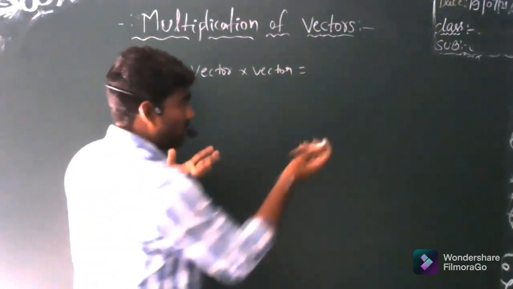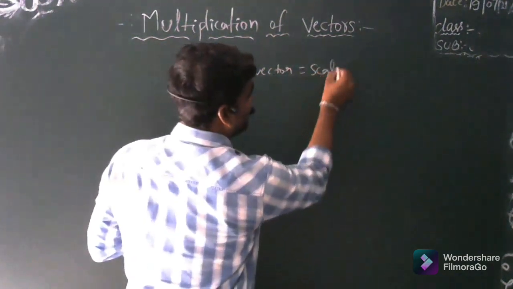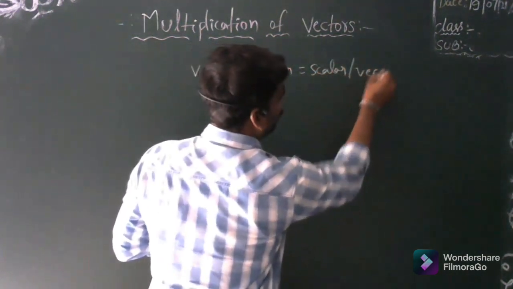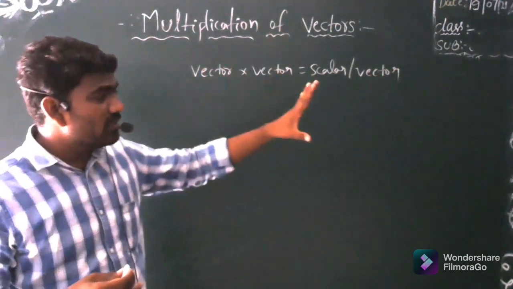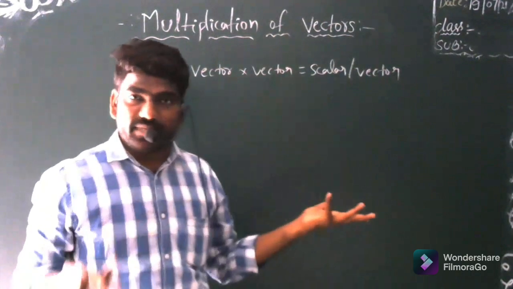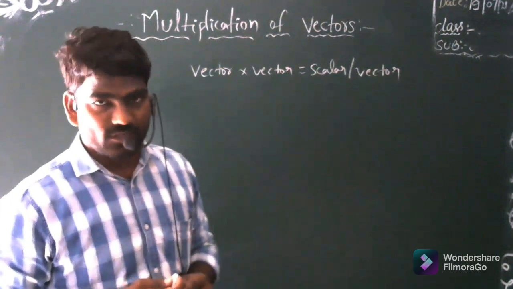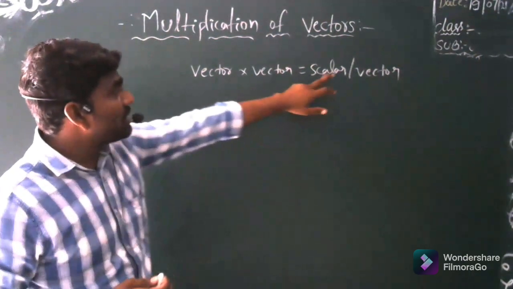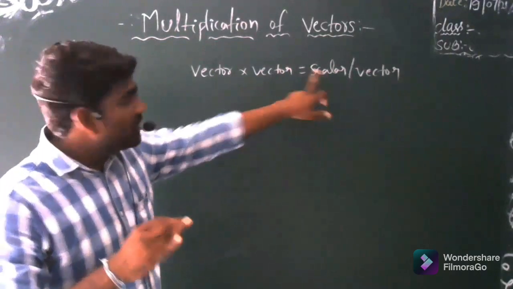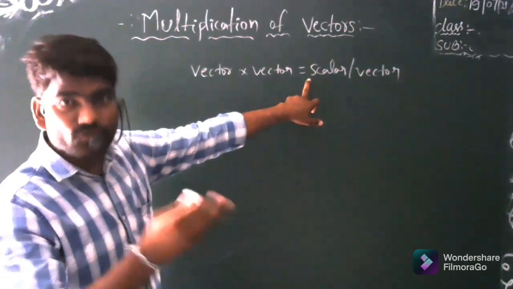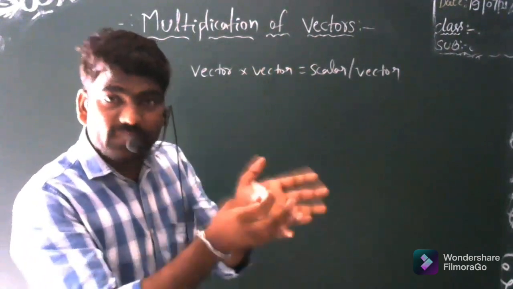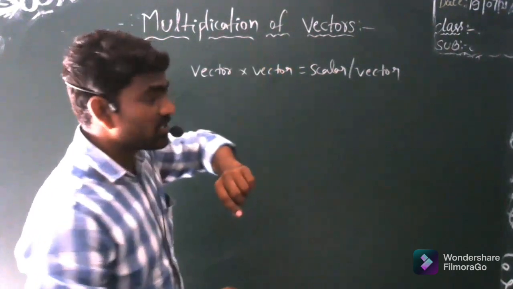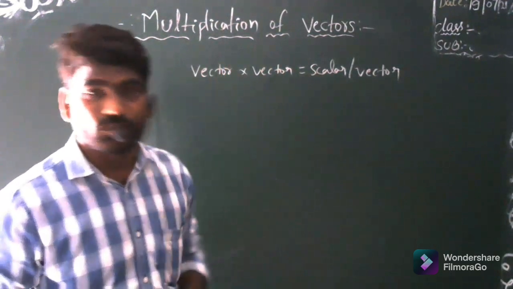The result may be a scalar quantity or a vector quantity. So based upon the result, whether after the product of two vectors we get a scalar quantity or a vector quantity, the multiplication of vectors can be classified into two types.